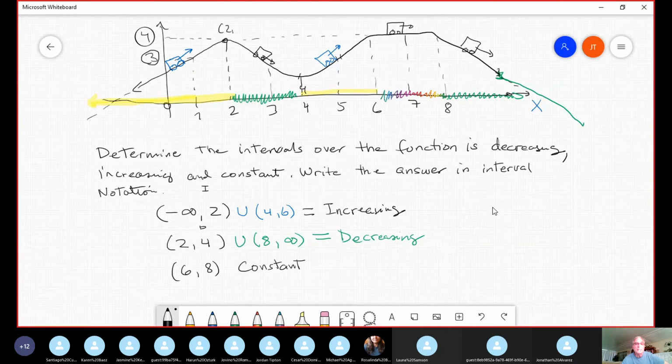Suppose this point is 1,3, and the student mixes it, 3, 4. No. In the interval, you express only the x value. Please. When they see a y value in the interval, immediately zero for you.